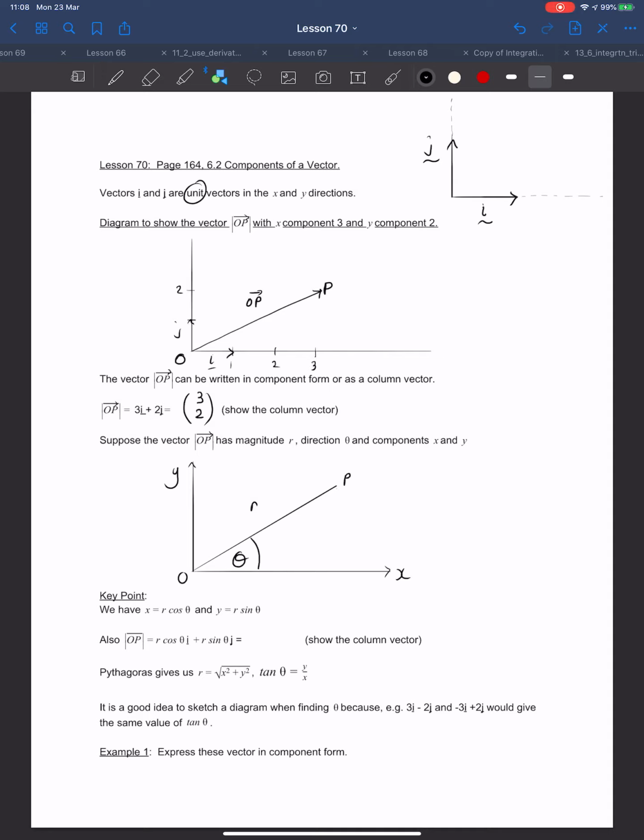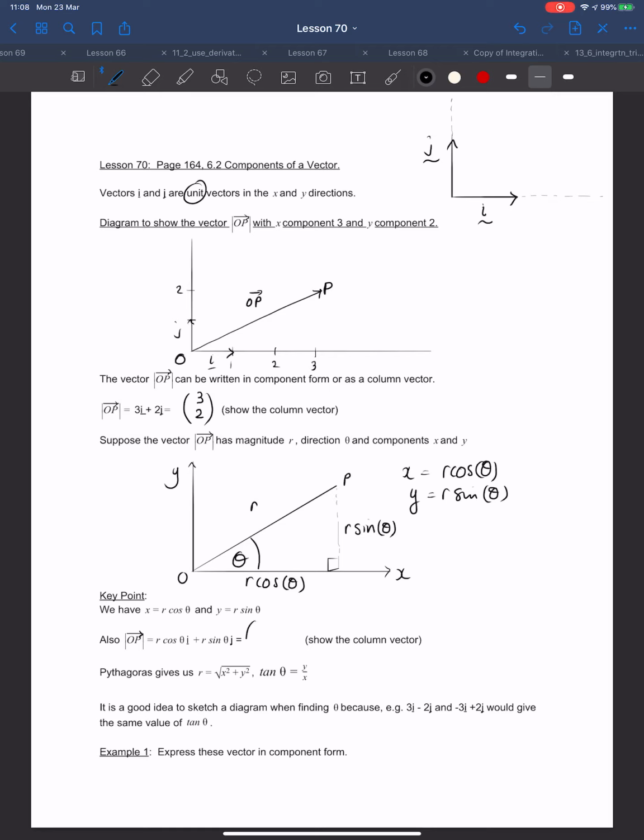So what we can say is the x-coordinate is r cos theta, and the y-coordinate is r sin theta. r cos theta there, r sin theta there.